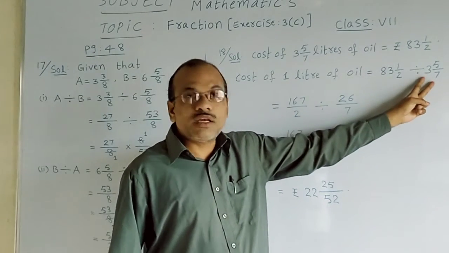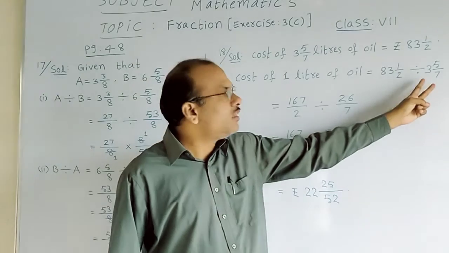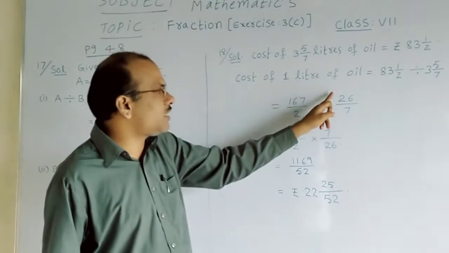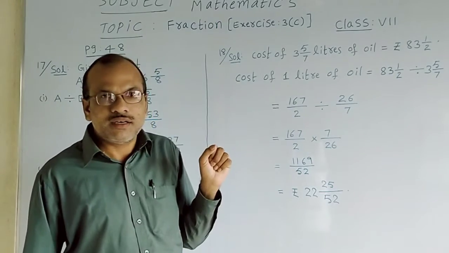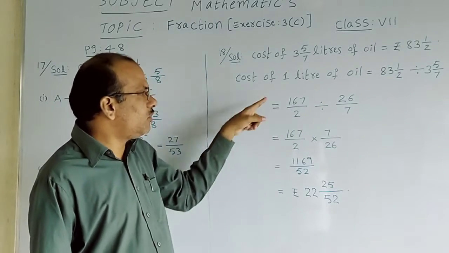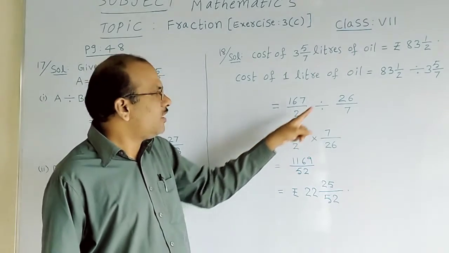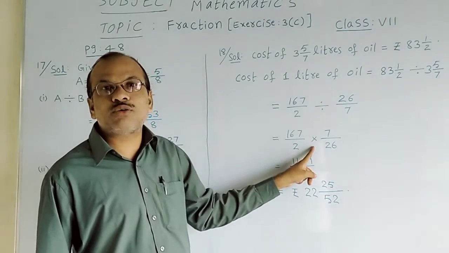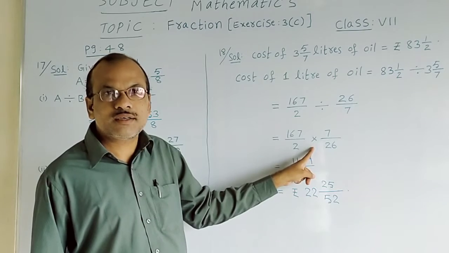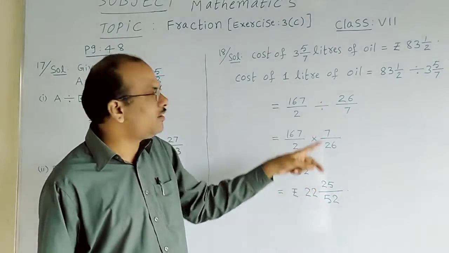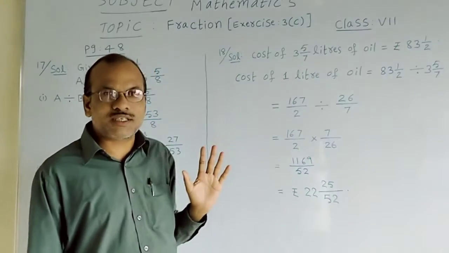Next 3 7s are 21, 21 plus 5, 26, 26 by 7. Is it clear for you? Then this fraction as it is dropped, we know the division symbol changed as multiplication symbol for our convenience. Then that should be written as its reciprocal, reverse, 7 by 26.